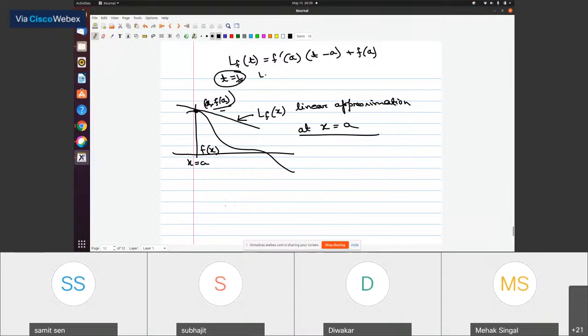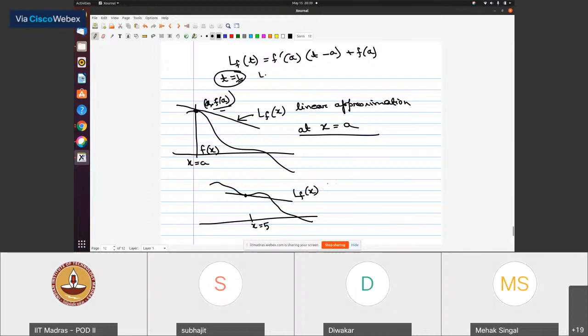Now suppose I am taking the same function and this is my point x equal to 5. So L f of x at x equal to 5 will be the linear approximation of this function f x at point x equal to 5.